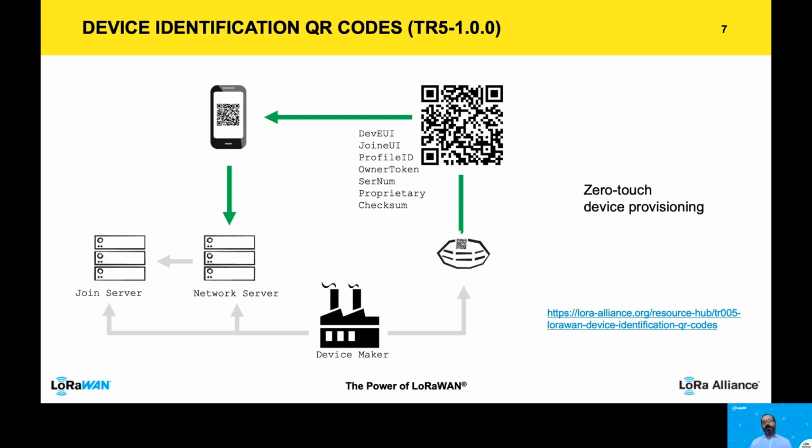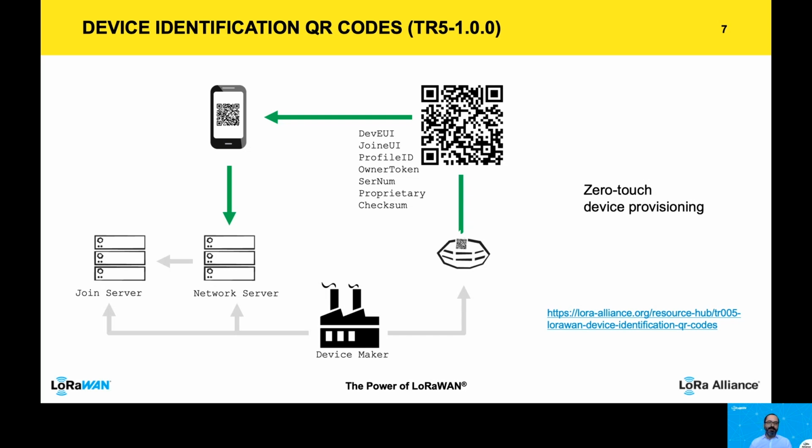Some of the device makers had already adopted a QR code label that goes on the device to encode such parameters. But because there was no standard, a QR code produced by one maker was not readily usable by a QR reader or a network management system.